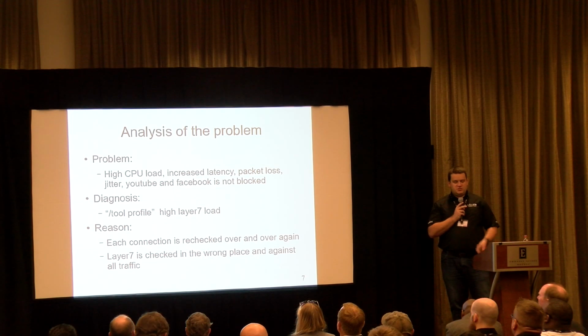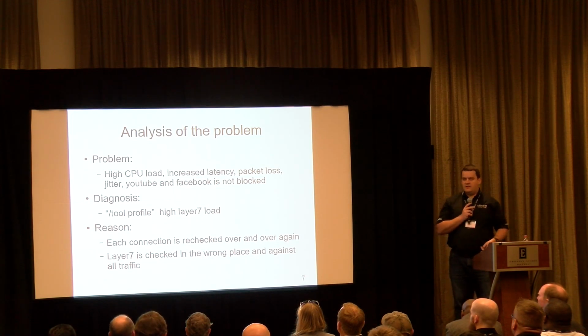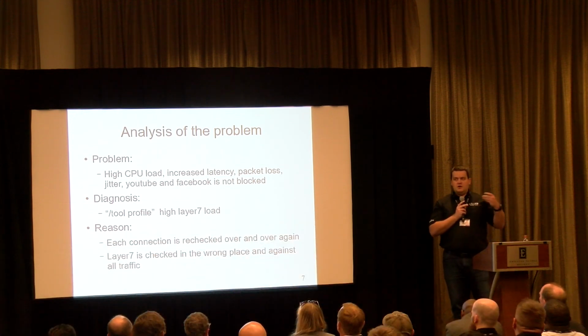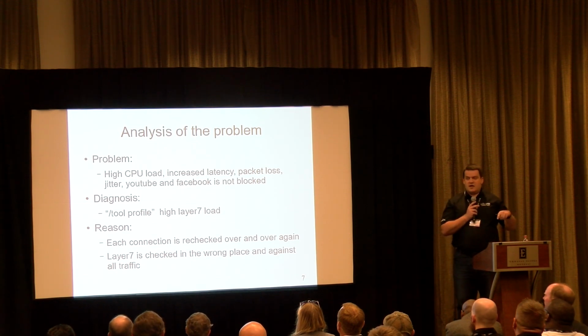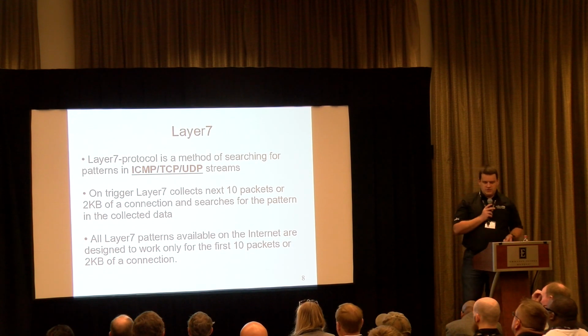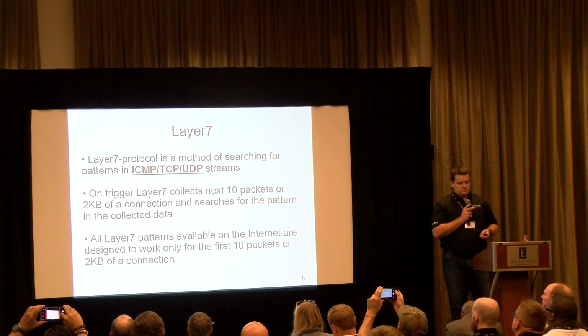Each connection is rechecked over and over again on every packet that's received, because your rules are based on packets, not on connections. And layer 7, particularly these 2 patterns, are checked in the wrong place and against all the traffic. So just to understand how layer 7 works, let's take a look at it.